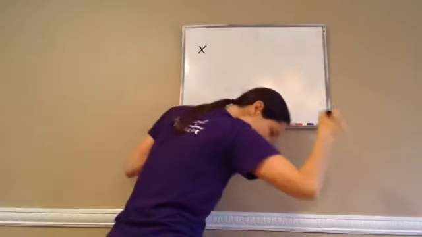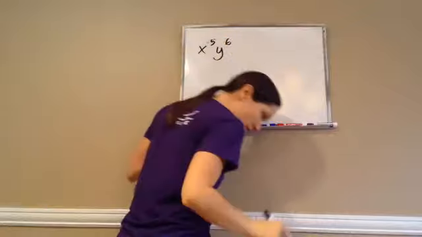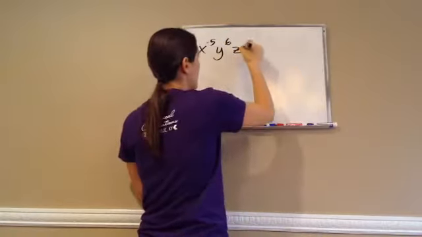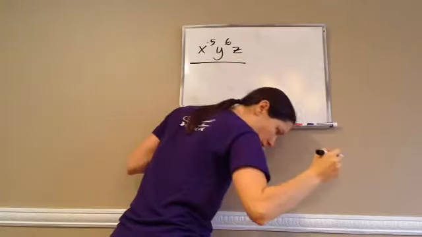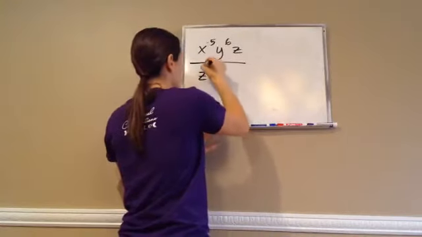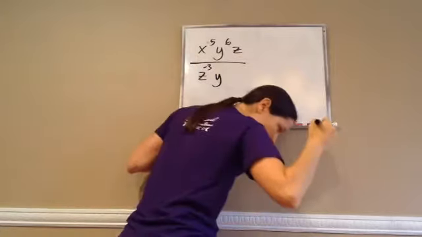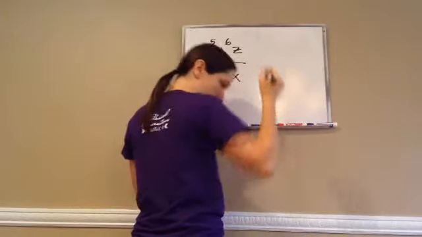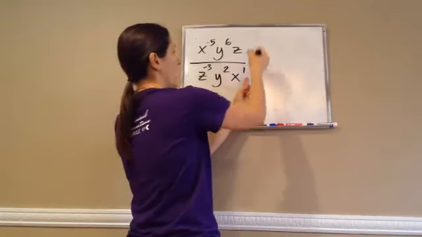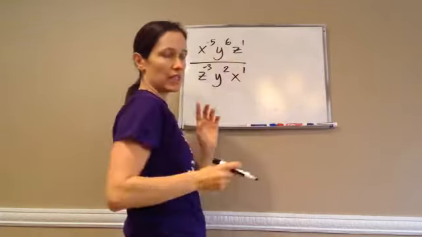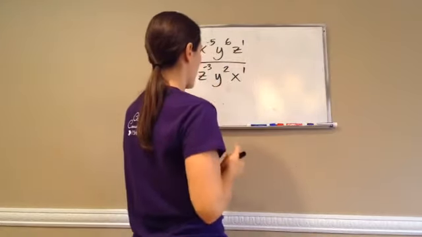x to the negative fifth, y to the sixth, z, and I'm putting a line in it to show you, then over z to the negative third, y to the second, and x, and it's just x. So I'm going to put a 1 on the x and a 1 on the z, just because I know that there's one z, there's one x, so let's go ahead and show that.